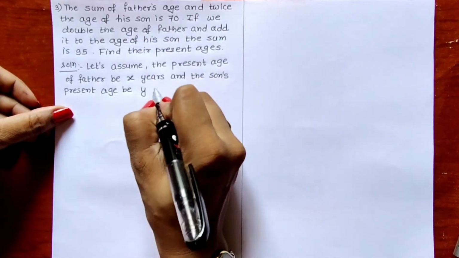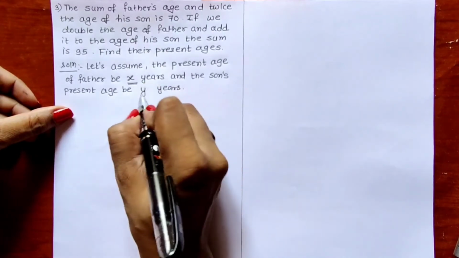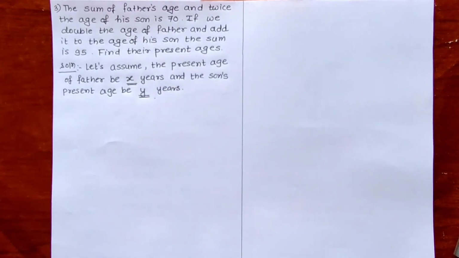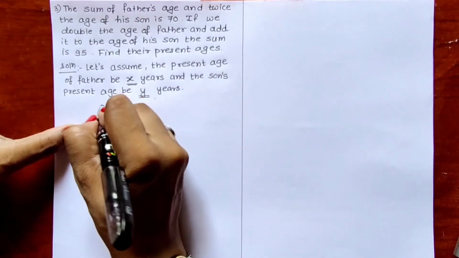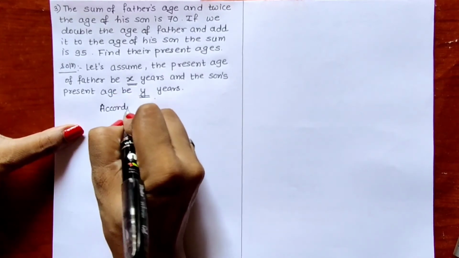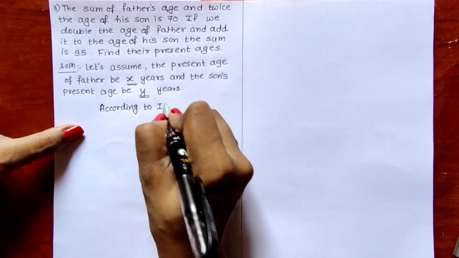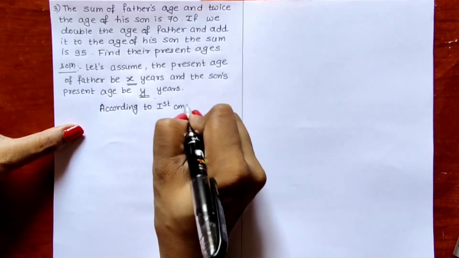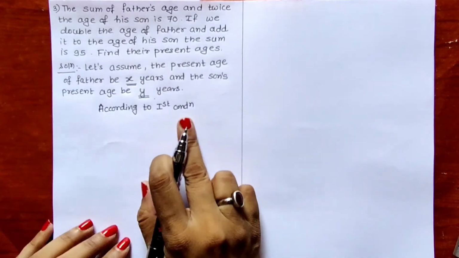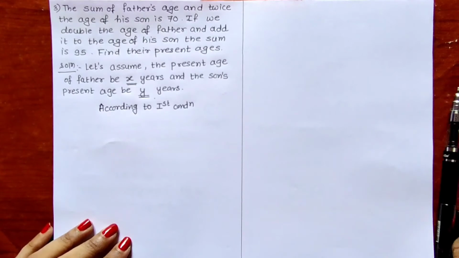So we have taken father's age be x years and son's age be y years. Now from first condition, or according to first condition given in the first sentence. Okay, this is first condition. According to first condition, so let me write the sentence again.